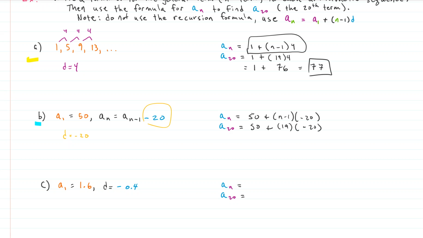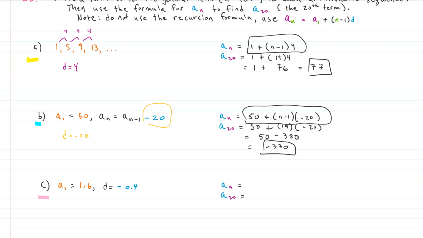So 19 times negative 20 is negative 380, and we're adding 50 to that, and that gives us negative 330. So we have the general term, the term to find the nth value, and then we found the 20th term, a sub 20, and that is negative 330.